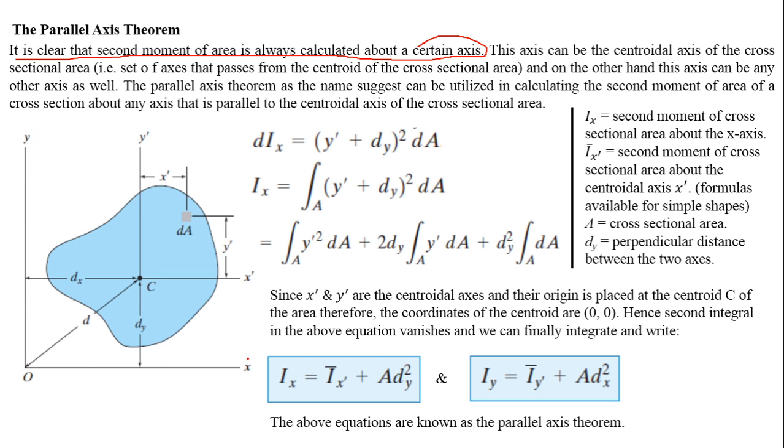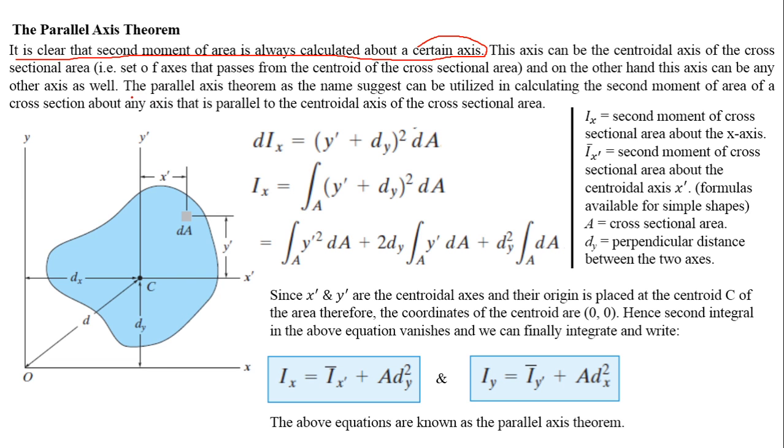So this x and this y is a different set of axes, whereas y dash and x dash are the centroidal axis for this arbitrary shape area. So this arbitrary shape area can bend about the centroidal axis as well, and it can bend or warp about any other axis as well, which are not the centroidal axis.